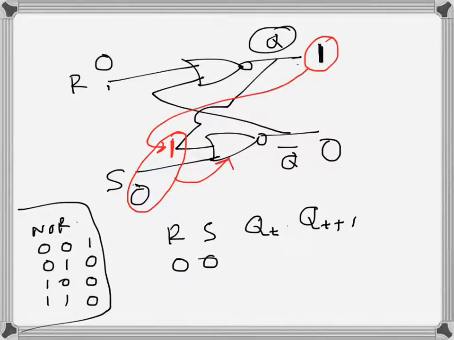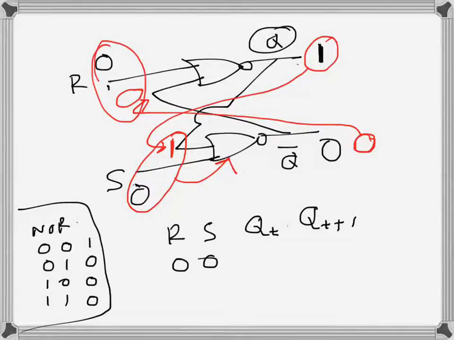So 1 and 0 gives 0, so the output is 0, and this 0 will again appear here as 0, so 0 0 here as an input, and the output is 1. So basically we see that it doesn't change. Whatever it was, it doesn't change. We can try other combinations, but we will see that it doesn't change.